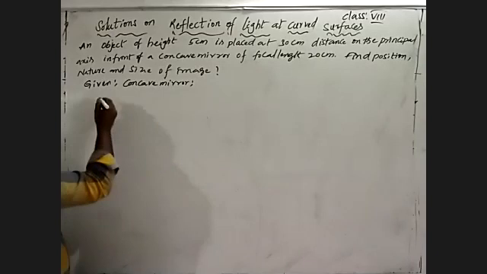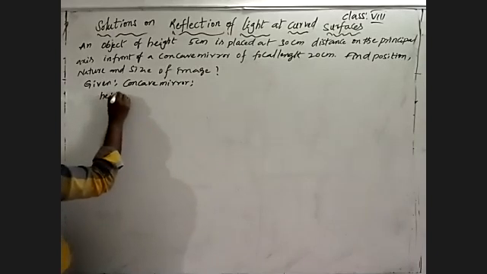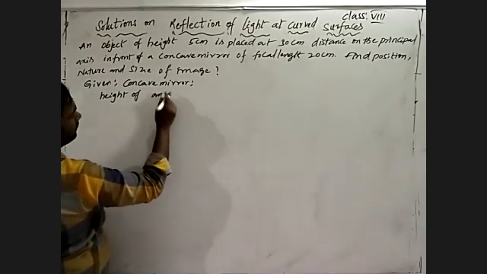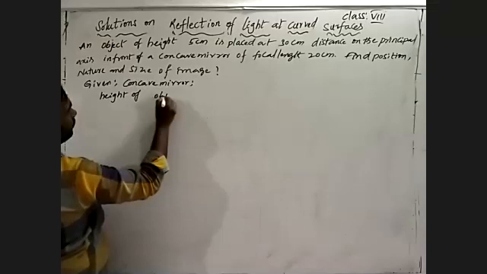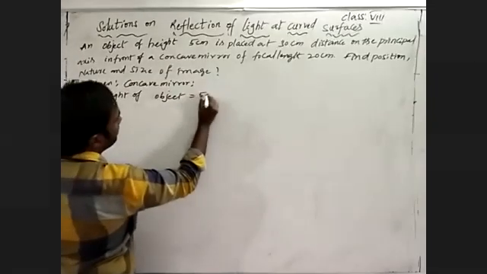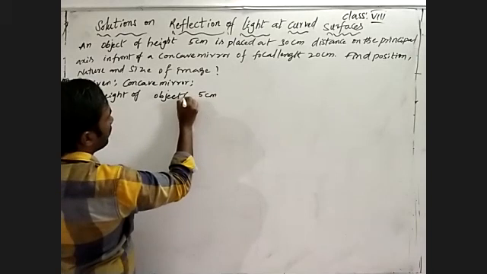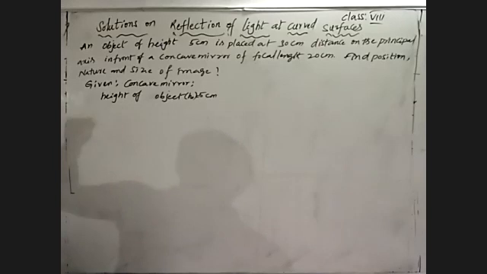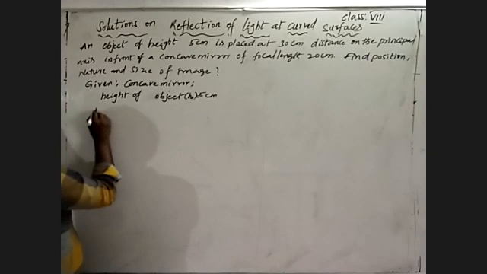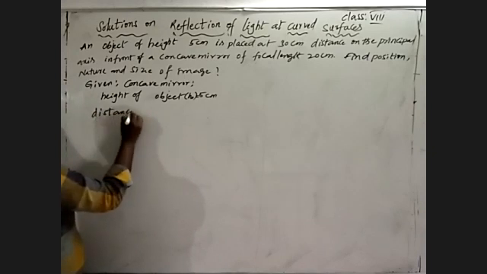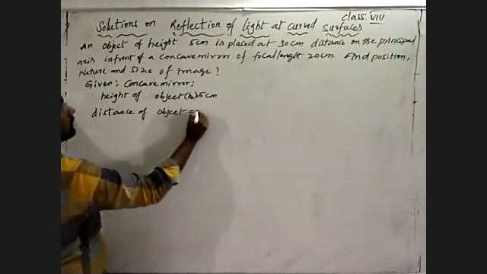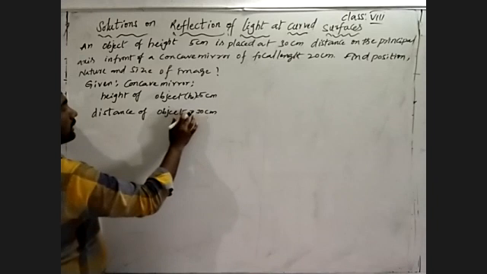So height of an object, how much? 5 centimeter. Height of our object is h naught, given. It is placed at 30 centimeter, means distance of an object, how much? 30 centimeter.